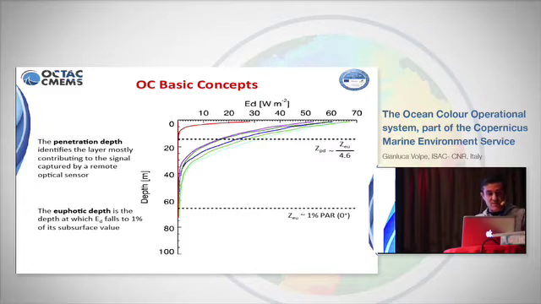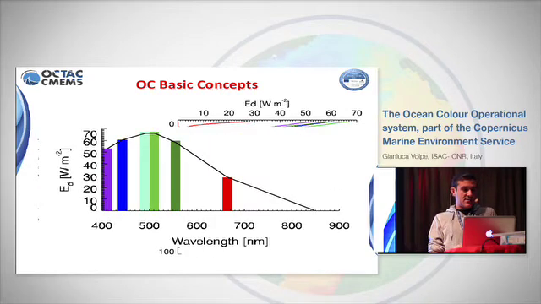The euphotic depth, which is defined as the depth at which ED falls to its 1% subsurface value, and the penetration depth, which is roughly 1/5 of the euphotic depth and identifies the layer mostly contributing to the signal captured by a remote sensor. So in this case, we have a euphotic depth of roughly 65 meters and a layer contributing to the remote sensing of ocean color of about 15 meters.